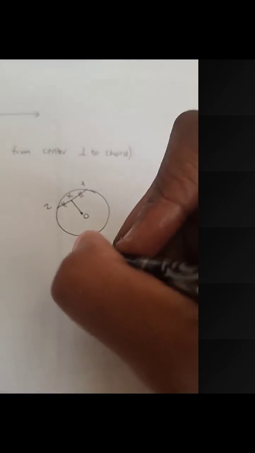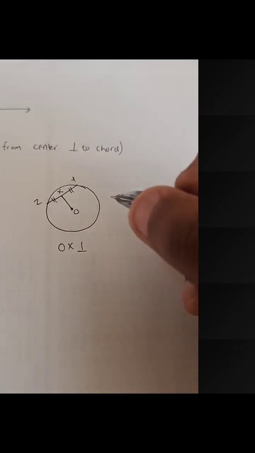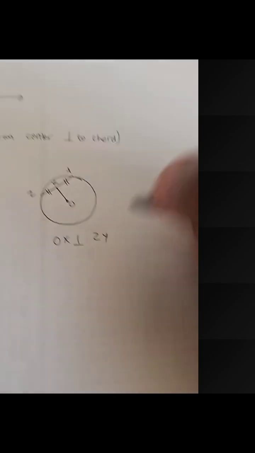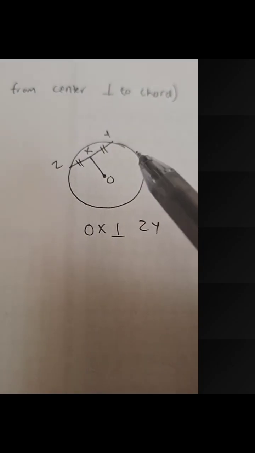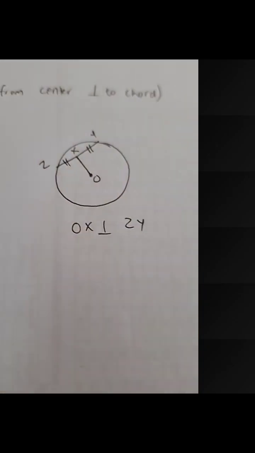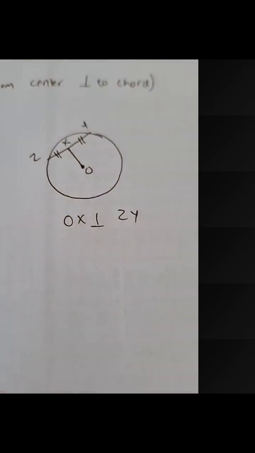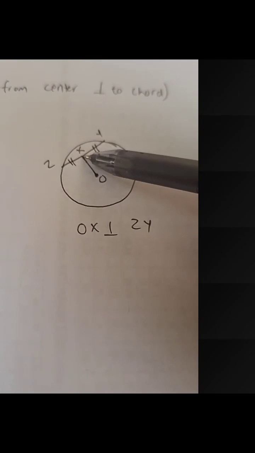So what would be our statement here? We would say OX is perpendicular to ZY. You look at this and you're like, but sir, I don't see in the diagram the lines being perpendicular. And yes, you don't, because remember, there is a theorem statement which says a line from the center to the midpoint of a chord.